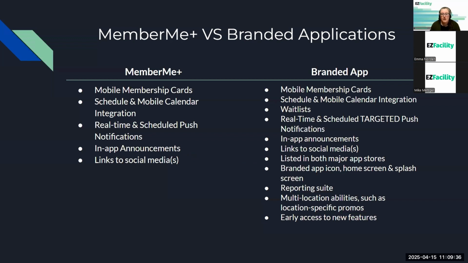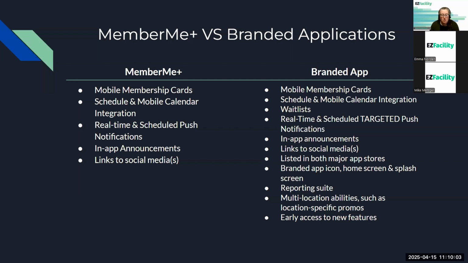Both of them allow for in-app announcements. Both of them will also allow you to link your social media accounts. The branded app has some other features added to it. Because it is a branded app, in the major app stores you're going to be able to see your actual name on the app. You will have a customized home screen and splash screen.